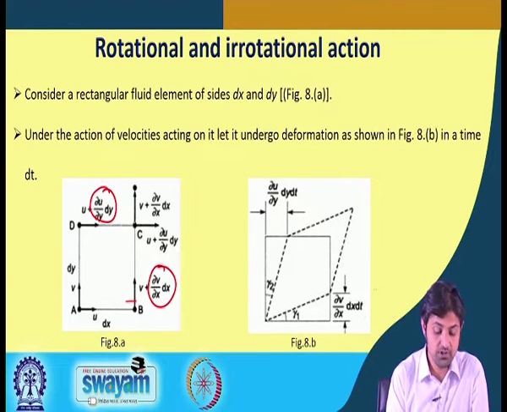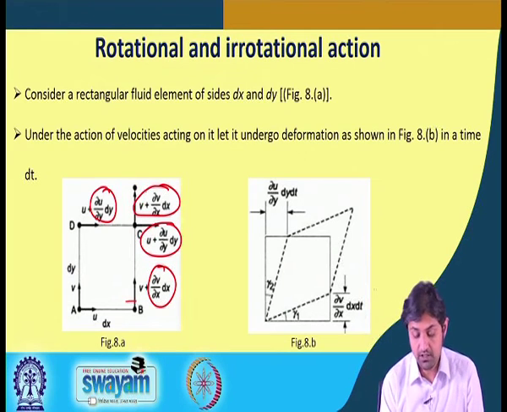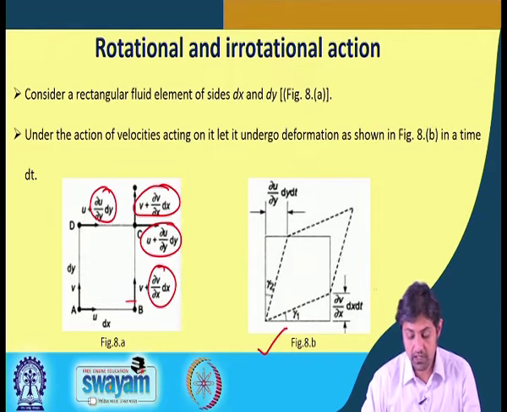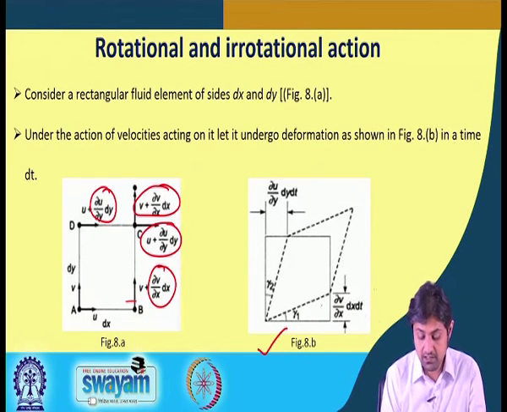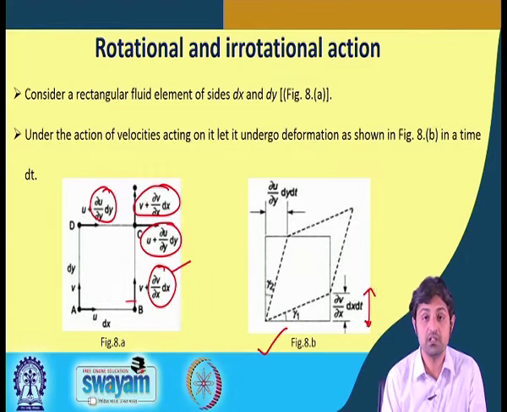Therefore, the corresponding u and v velocities here will be u plus del u by del y dy, and v velocity will be v plus del v by del x dx. So, this fluid particle will rotate as it appears in the figure, and this distance is going to be del v by del x dx into dt, if we are considering the rotation in time dt.